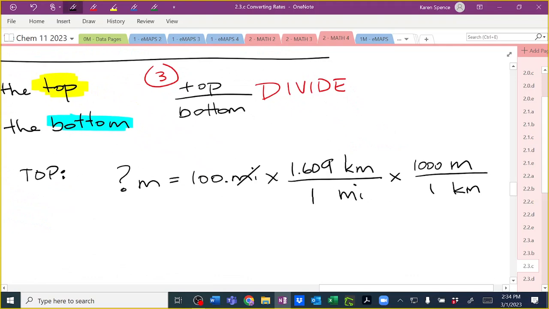So my miles cancel out, my kilometers cancel out, and so the top part of that is equal to 100 times 1,000 times 1.609, which equals 160,900, and my unit is meters.